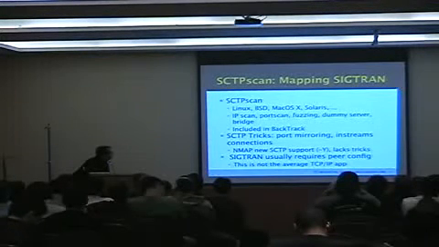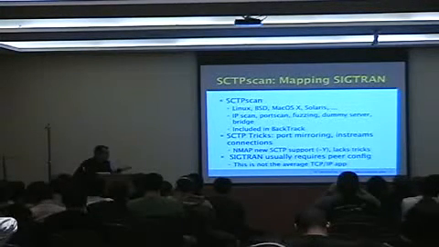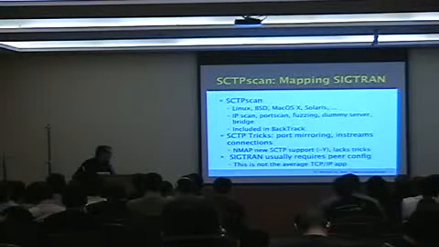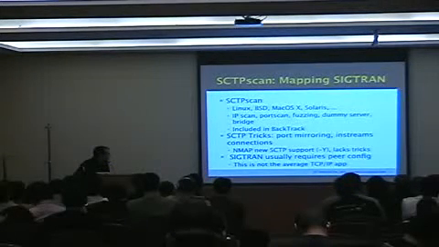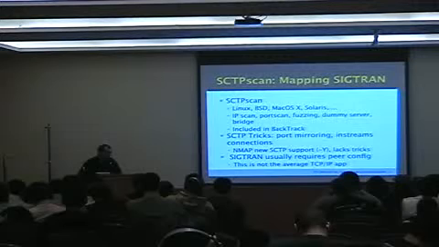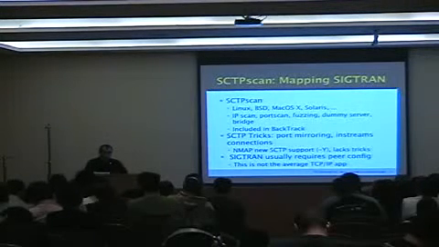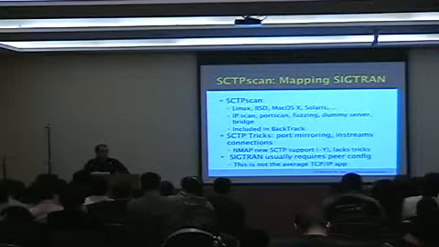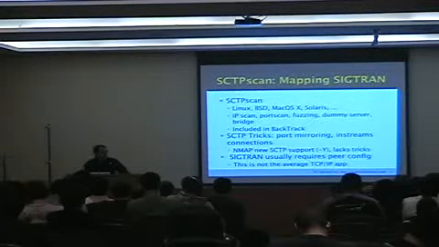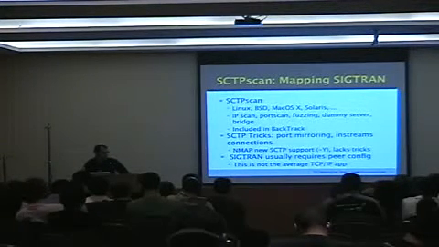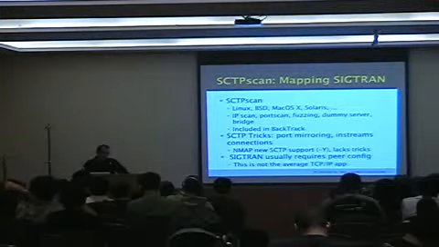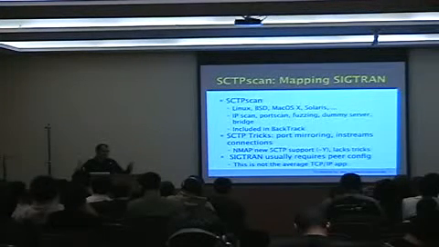So SCTP scan is something you can use from Backtrack, it's included in it, and it uses a lot of tricks in order to map the phone system. As I told you earlier, when you connect from one machine to another in SS7 using SIGTRAN, you're going to be using clearly defined peers.